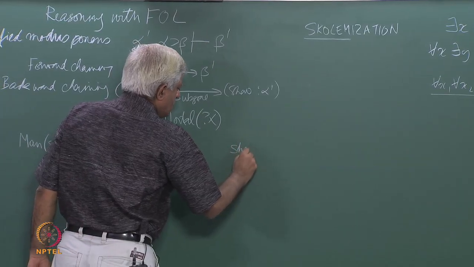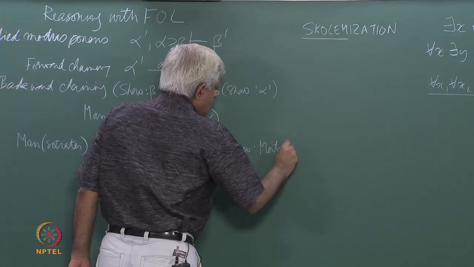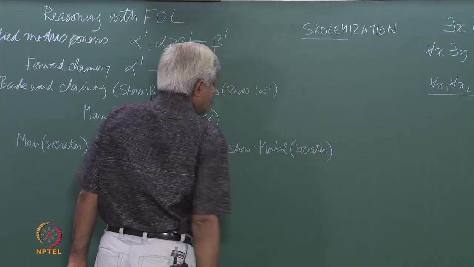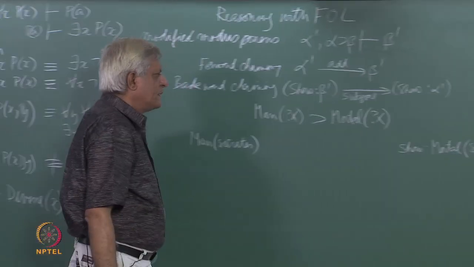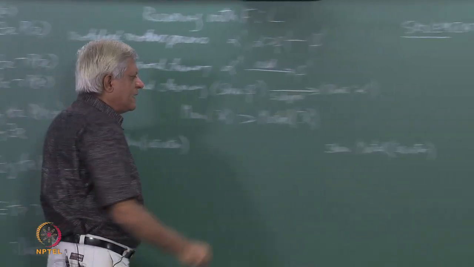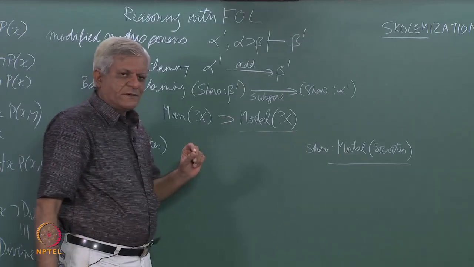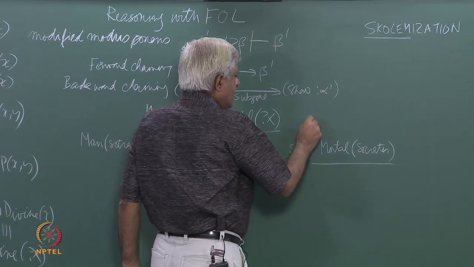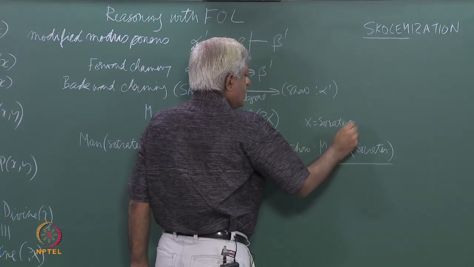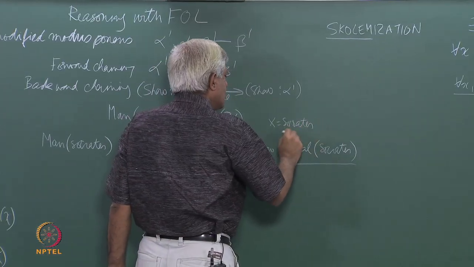So, show mortal Socrates. How does this work? So, if you recall, we match this with a unifier x is equal to Socrates. We will look at unification a little later.